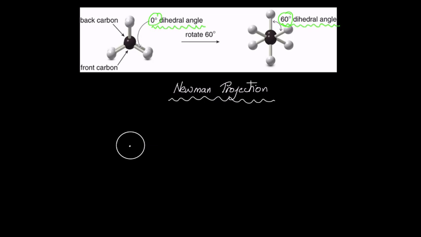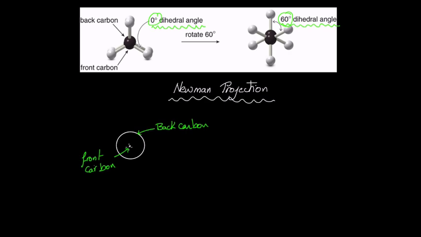So now the circle represents the back carbon and the dot represents the front carbon. Now for the bonds, we can simply draw the bonds as follows.